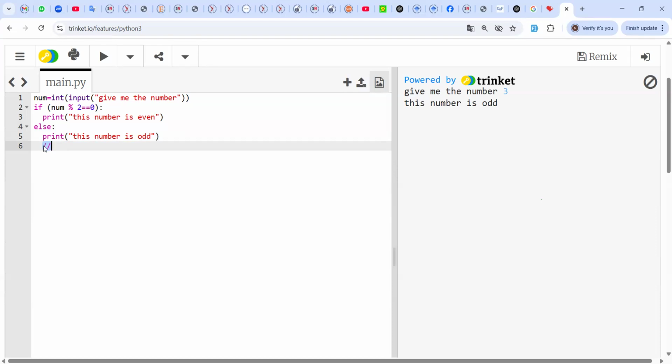I don't know how to say it in Arabic actually.